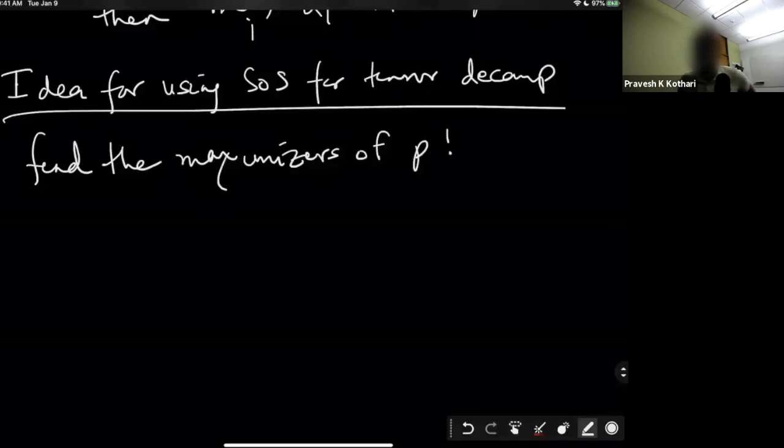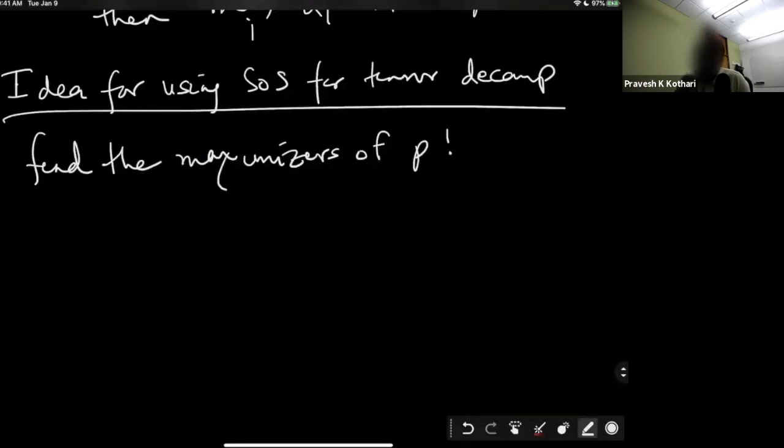So that's the idea for the algorithm. We're just going to attempt to find the maximizers of P. Now you have seen this method at least twice, which means that you know the next step. I have a search problem to solve. If I want to use sum of squares for doing it, what should I do?